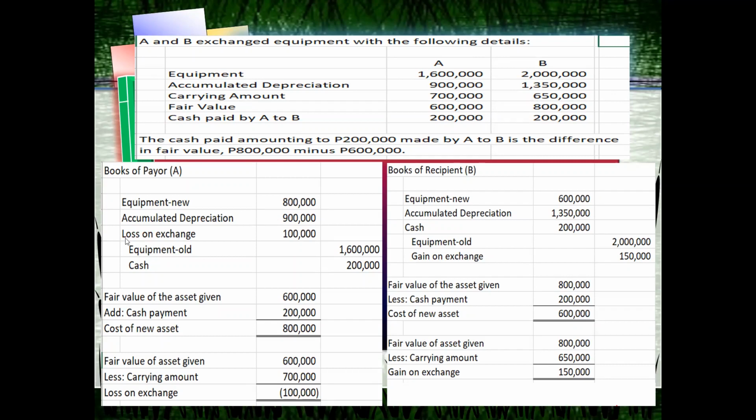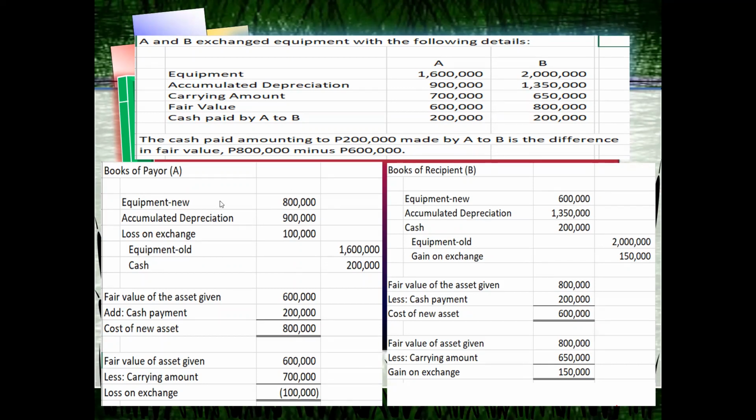We also debit loss on exchange amounting to 100,000. And tanggalin natin yung old equipment natin. So we credit equipment old amounting to 1.6 million, that is its cost. And of course, yung binayad ni A na 200,000. So that is how you recognize the exchange in the books of the payer.